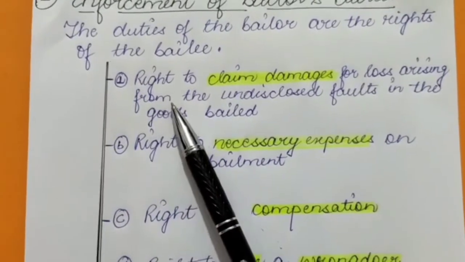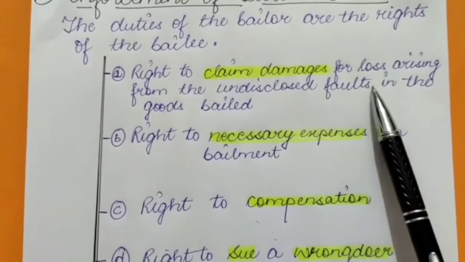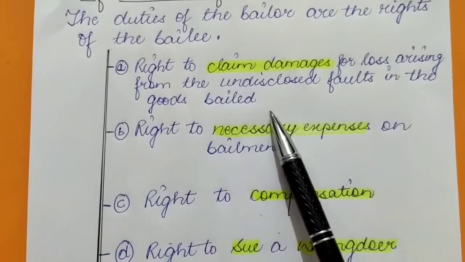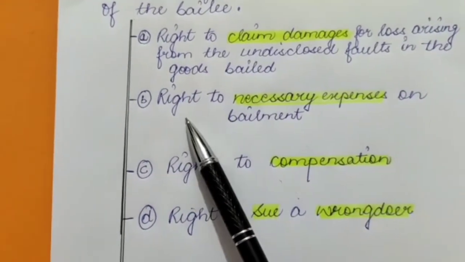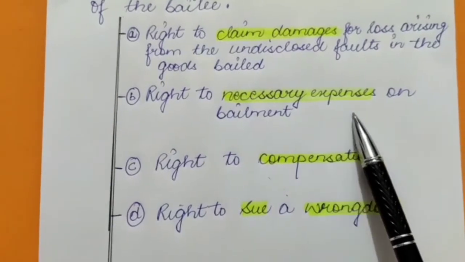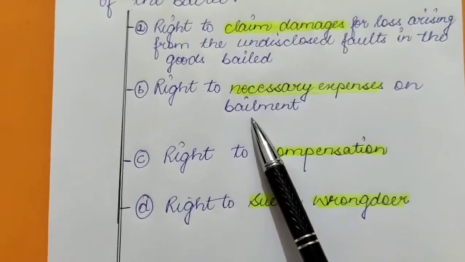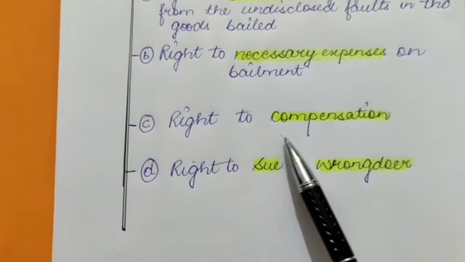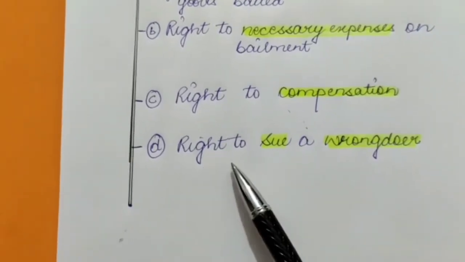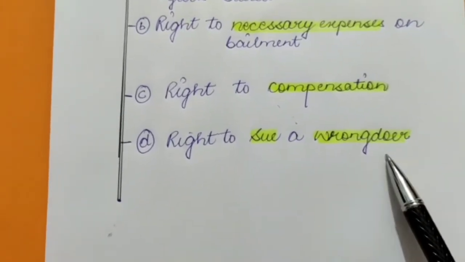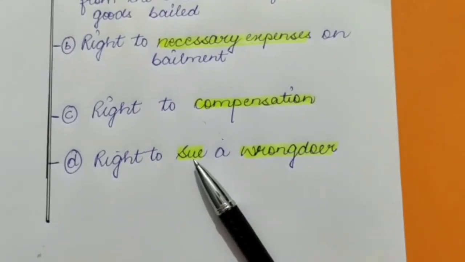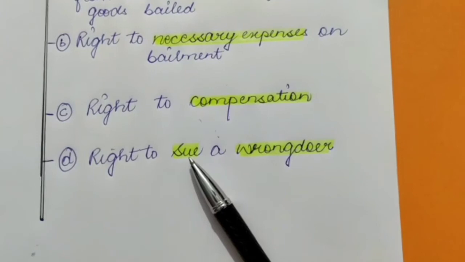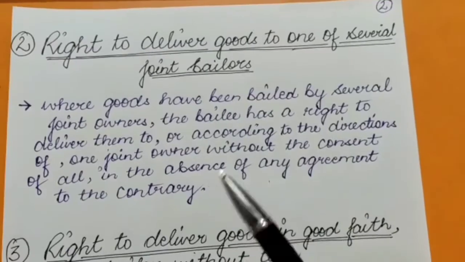First is the right to claim damages for loss arising from the undisclosed faults in the goods bailed. Second is the right to necessary expenses on bailment. Third is the right to compensation. Fourth is the right to sue a wrongdoer. These points you will understand when I discuss the duties of the bailor with you.